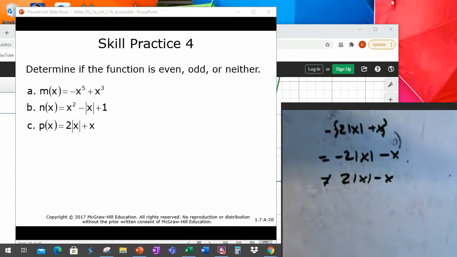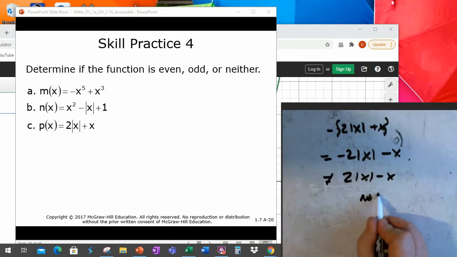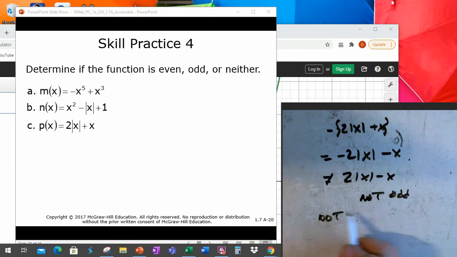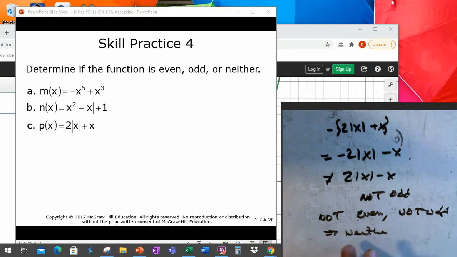So that tells us it's not odd. If it's not even and not odd, then it has to be neither. That's your choice: even, odd, neither.